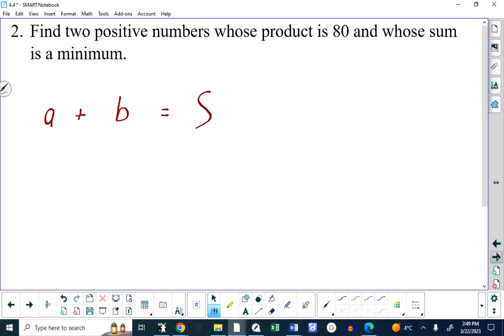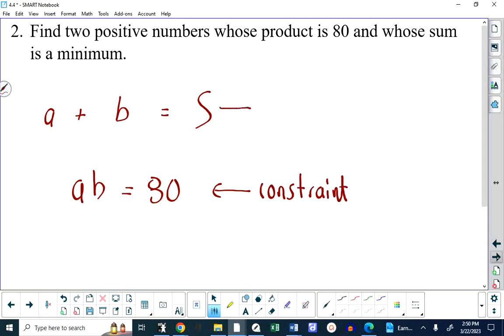So what I've written here is an equation relating the two variables and a second equation relating the two variables. But this is the constraint. This is to be optimized, right?